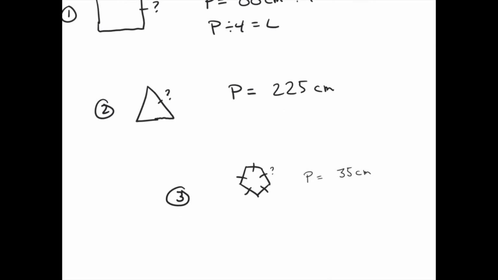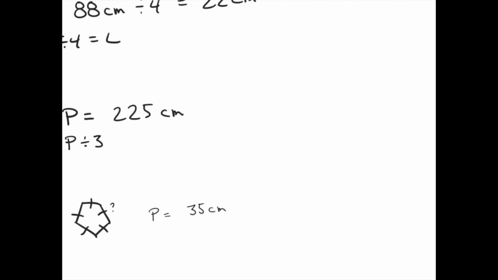With this triangle, 3 sides, so it's our perimeter divided by 3. So I can go 225 divided by those 3 sides.